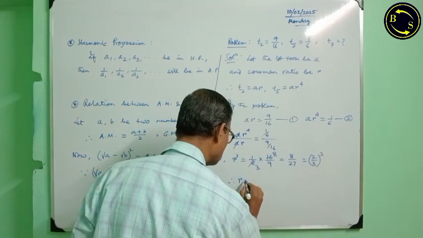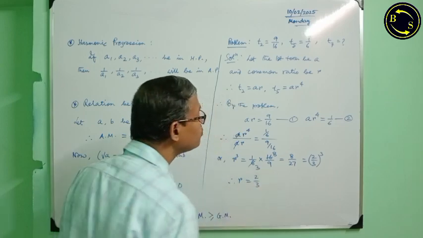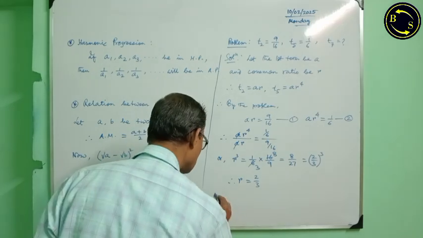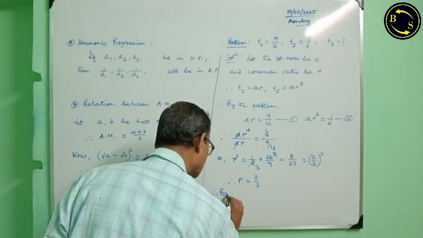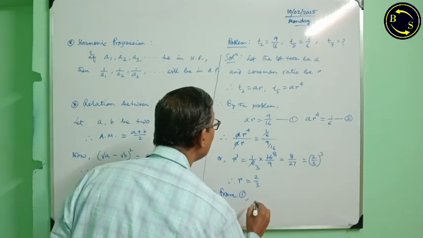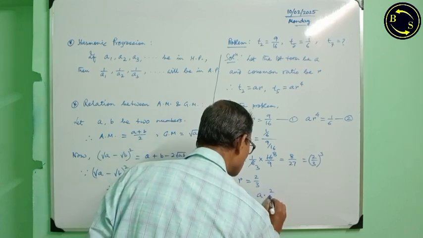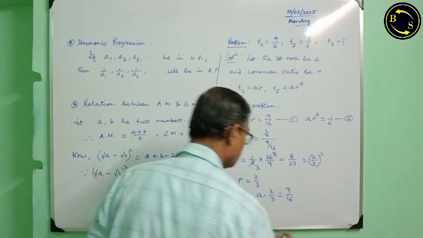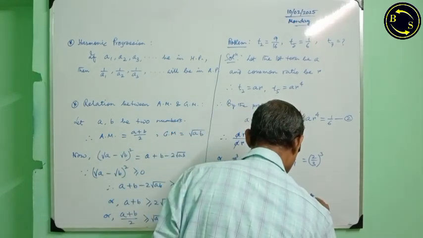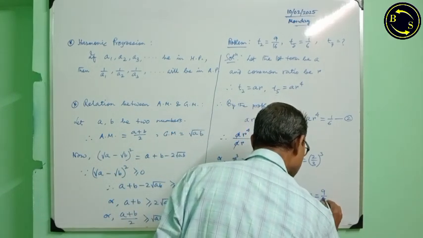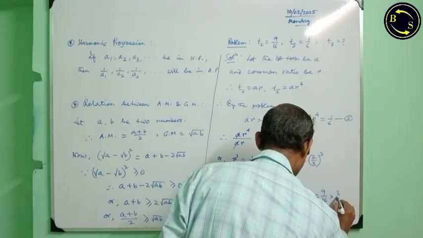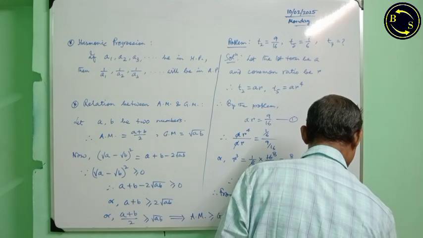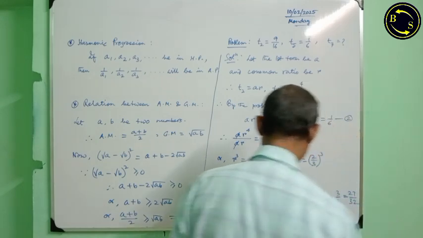Therefore, R is equal to 2 by 3. We have got the value of R, then we put that in 1. Therefore, from 1, A into 2 by 3 is 9 by 16. From that, A equals 9 by 16 into 3 by 2, that means 27 by 32.